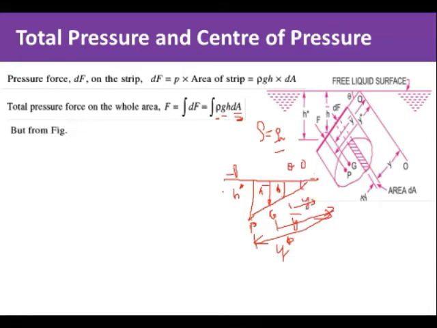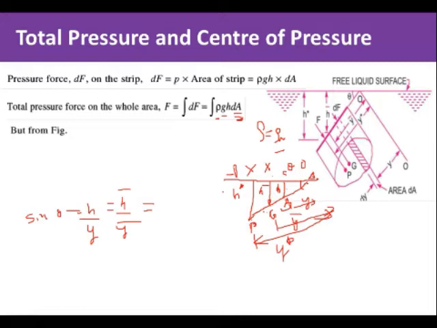So you can see these are similar triangles. This triangle ABC is similar to AGX, and that is also similar to APY. So we can have sine theta equal to opposite upon hypotenuse. Opposite is h, hypotenuse is y. In the bigger triangle OGX, sine theta is opposite h bar divided by y bar.